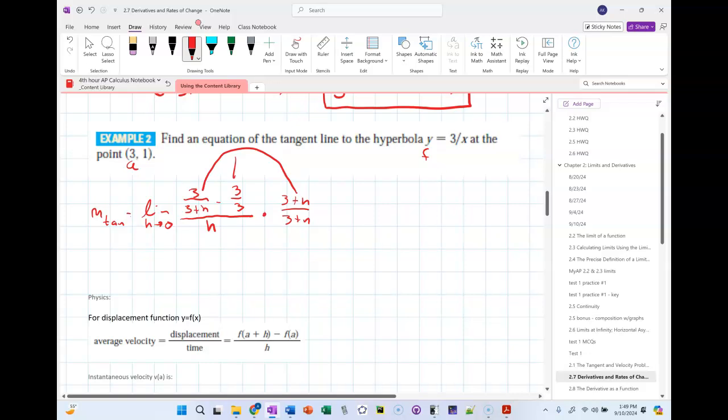When I multiply it to the first fraction, I'm left with just 3, right? Everybody's okay with that? When I multiply to the second fraction, I'm left with 3 plus h.